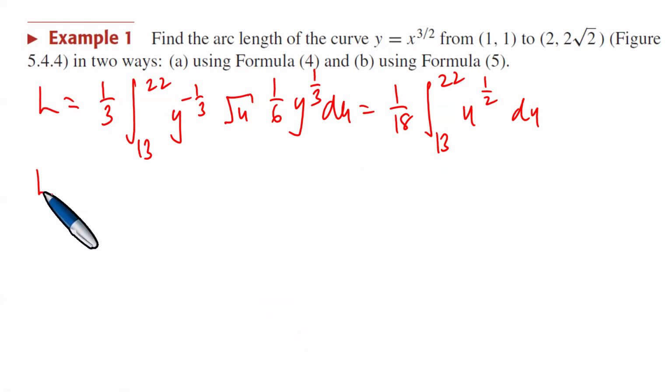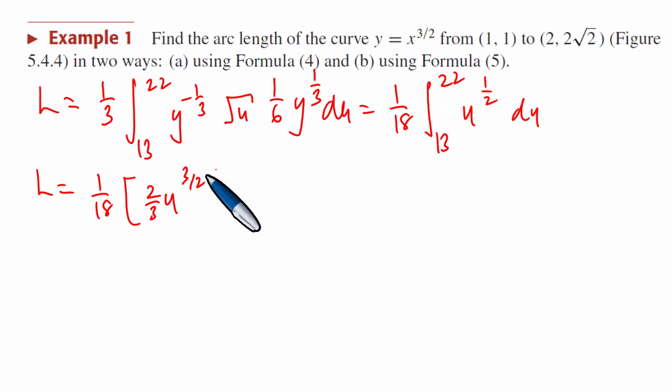So now, what is the arc length? 1 out of 18, and then we find the integral of this, which is 2/3 u to the power 3/2, from 13 to 22. You take out the constant, it becomes 2 times 1 out of 18, giving us 1 out of 9 times 3, 1 out of 27.